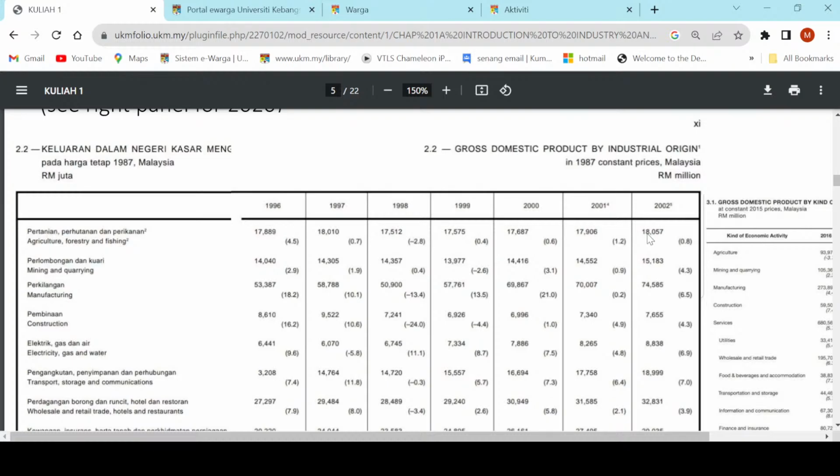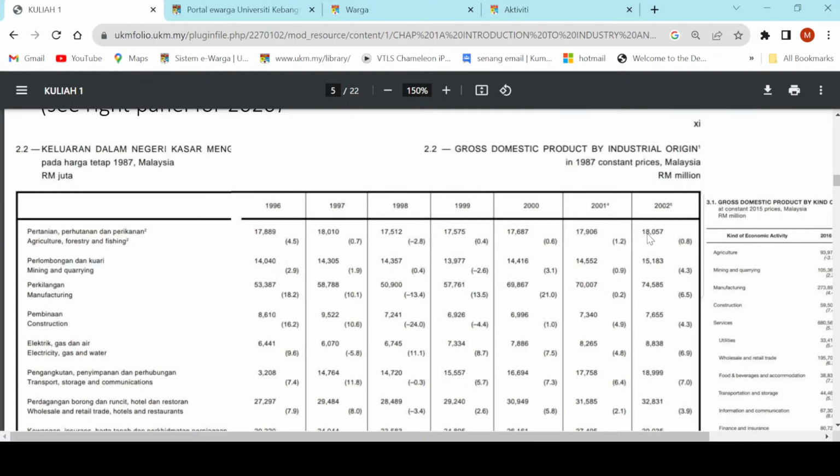So this is using the GDP deflator. We take 1987 as 100. So anything that comes after that, for example, this number in the year 2000, how do we get this 17,687? We got it from whatever the number was at that time. I don't know. We can reverse calculate if you have the data on the GDP deflator.